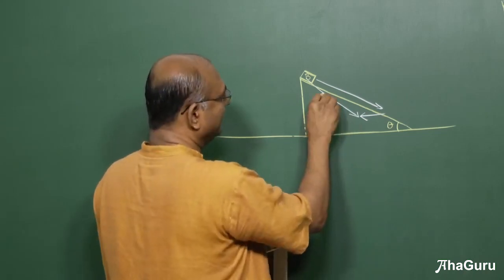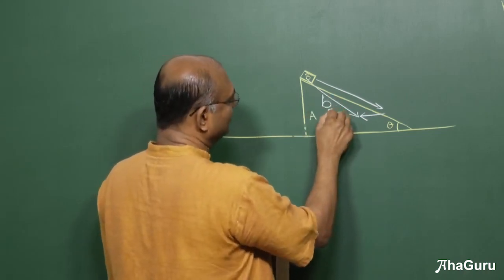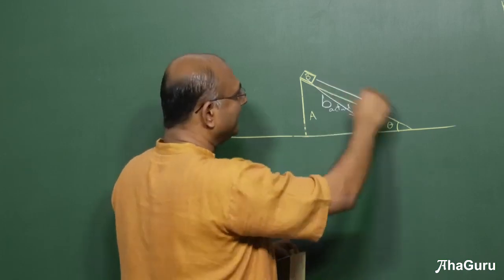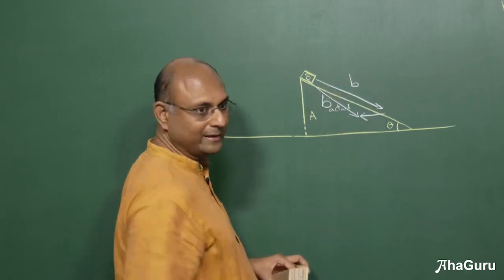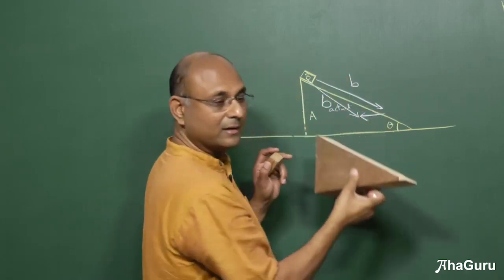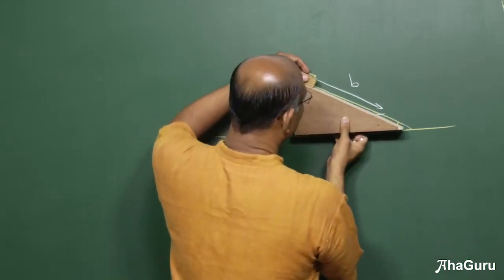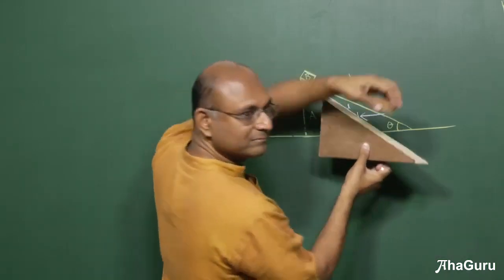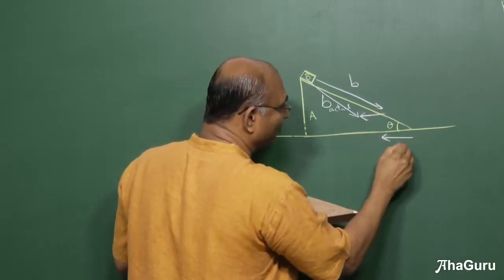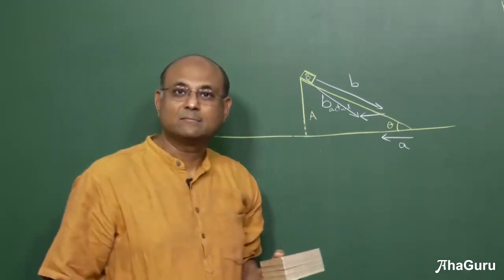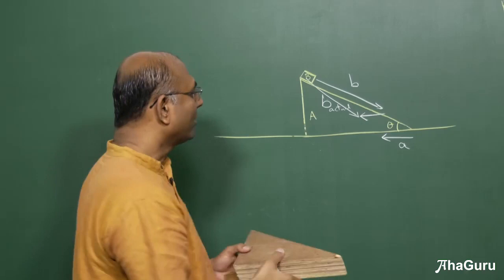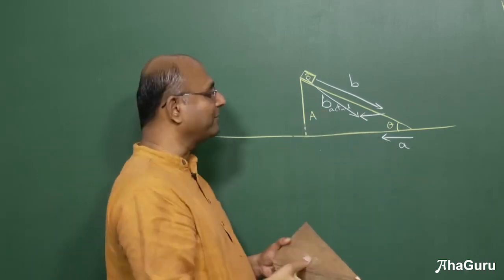B actual is B on the incline plus, what was that? If the wedge was not moving, this is what would have happened. This is because the wedge has moved, so I'm going to call that A. Now what is the connection between B actual and A? That's basically what we need to figure out.